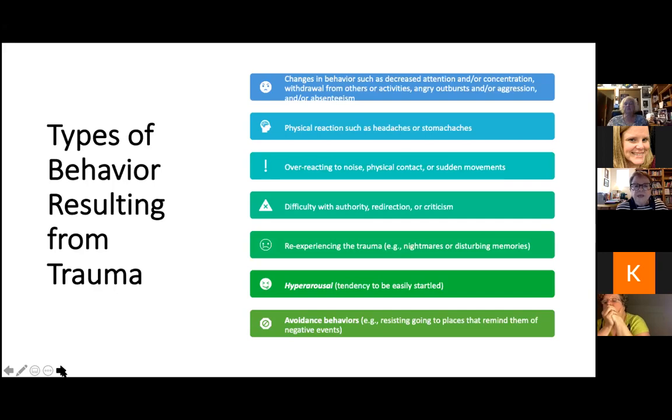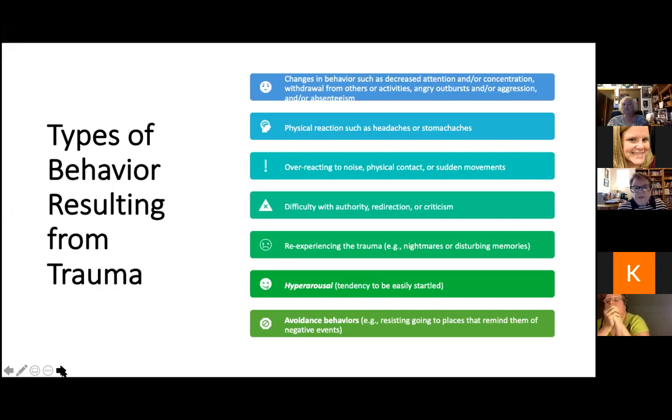They might overreact to noise or physical contact, or sudden movements. A fire drill could set them off and they could be running out of the building because of fear. They might have difficulty with authority or redirection or criticism by a teacher or someone in the cafeteria. So all these things are something that you have to be really careful of.